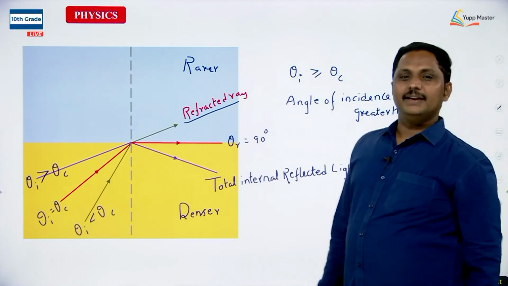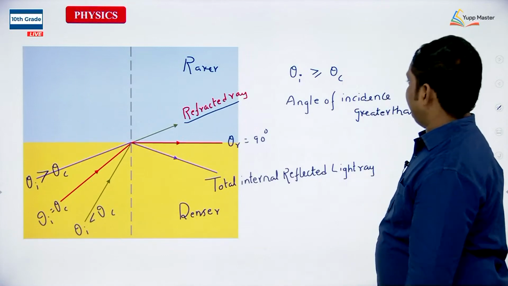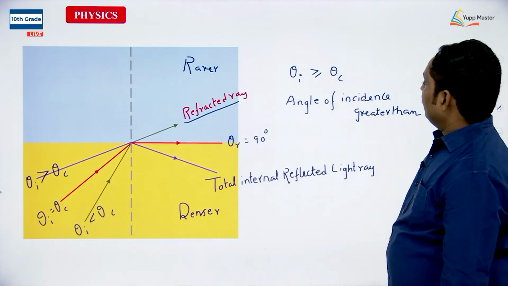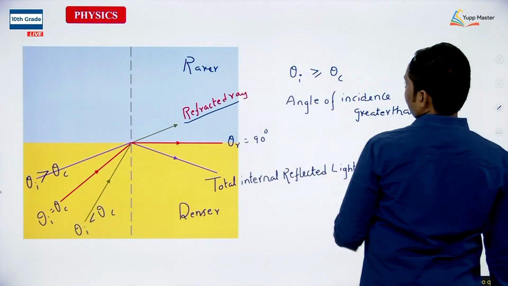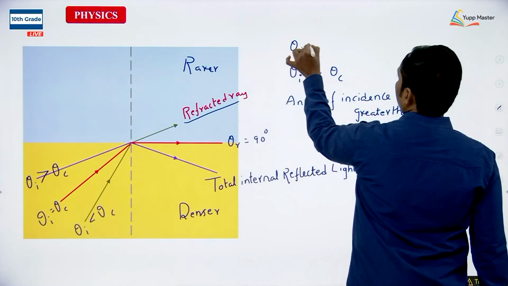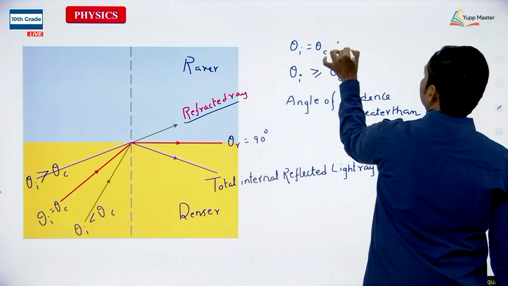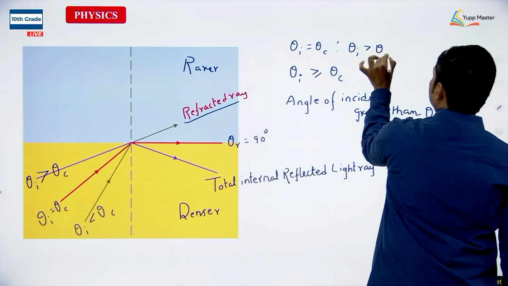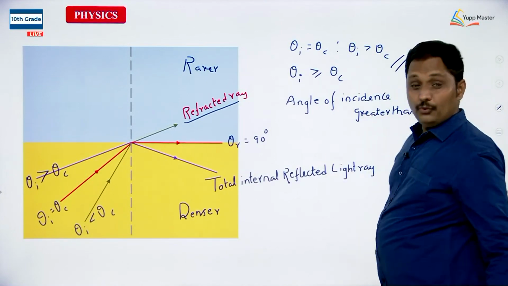Then only you will get that total internal reflection. It is very clear. Now, you can take theta I equal to theta c and theta I greater than theta c. All right. Now, let us go for the problems.